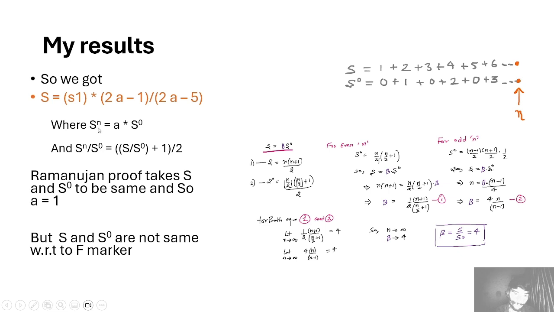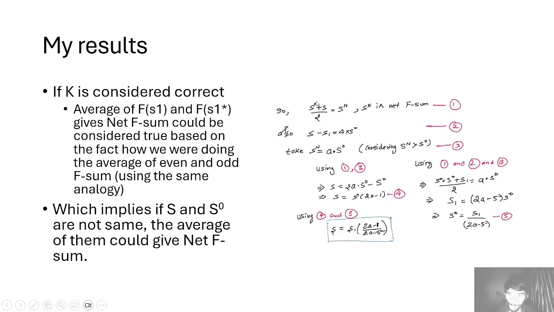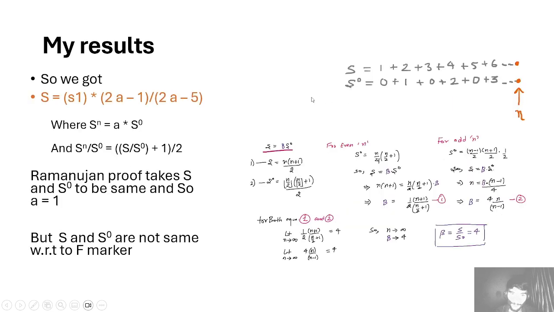Now, if they both are not the same and we want to compute the value of a, then we can say Sn by S naught can be written as (S by S naught plus 1) divided by 2. Using this equation, you can write Sn by S naught in the form of S by S naught plus 1.